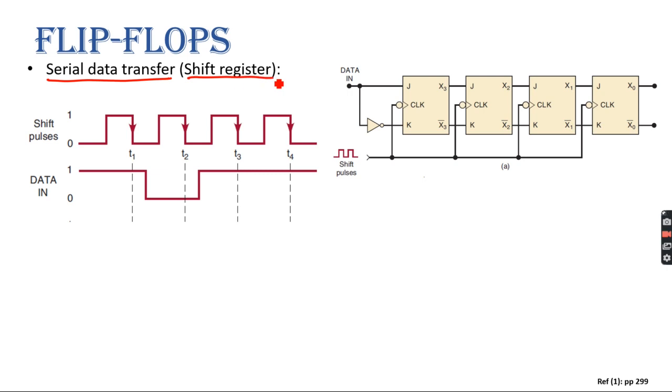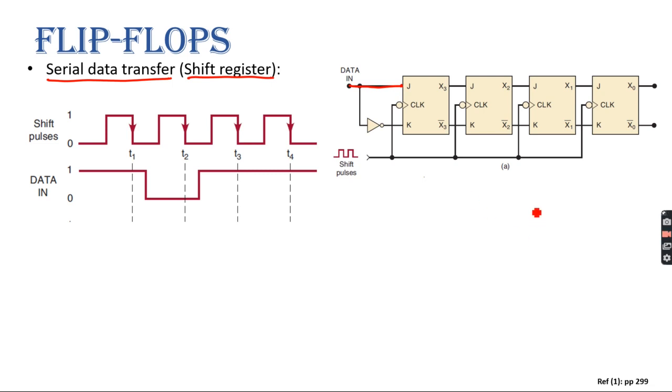Okay, so now suppose we are making a register that is used for serial data transfer, and hence it is known as a shift register. Let us see how this shift register works. As you can see, for this flip-flop, J is directly getting the data input, and K is getting the data input after inverting it.